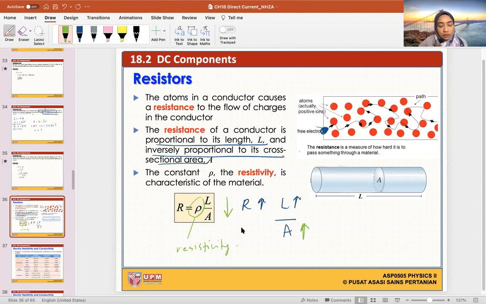R is proportional to length: the longer it is, the more obstacles the charge has to flow through. The greater the cross-sectional area, the easier it is. So R is proportional to length and inversely proportional to area. Of course, we need a constant at the front of something that is proportional or inversely proportional, and that constant is called resistivity. The symbol is rho.